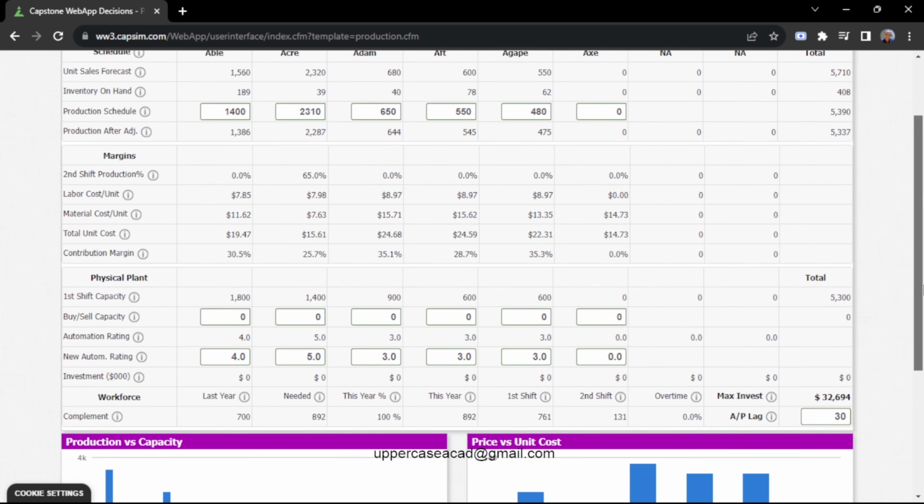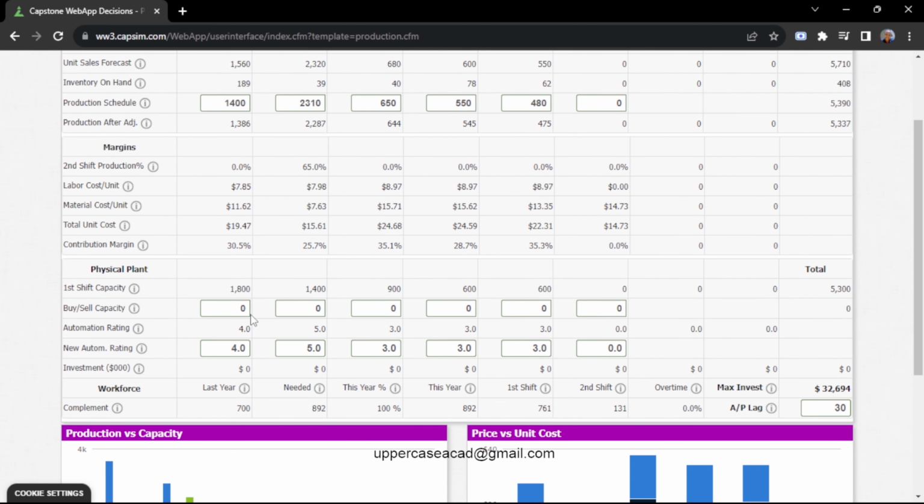So next, let's go to capacity. Because my second shift production is less than 0%, and I feel like I'm having idle capacity, I can decide to sell some capacity in this plant. So I'll sell 300.